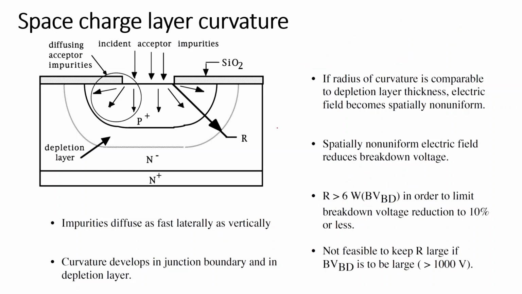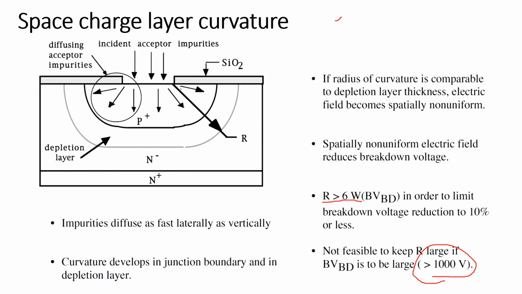But it is also not feasible to make R very high. So what is the reason behind that? If suppose we have our breakdown voltage greater than 1000 volts, then making R greater than 6 times W is not feasible. Why?